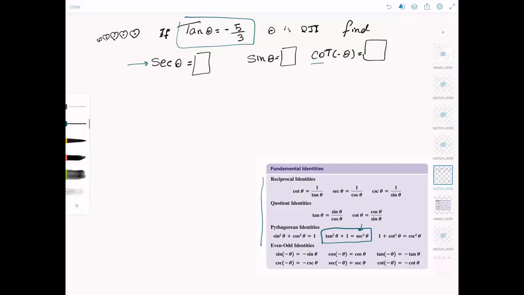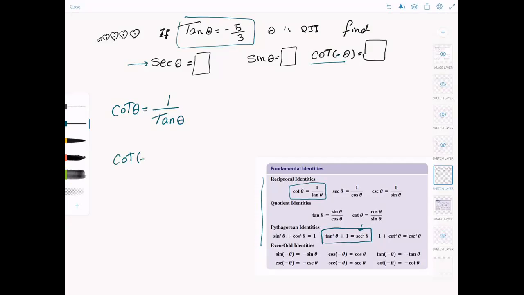For example, cotangent. Cotangent and tangent are reciprocals. Good. So we have cotangent of theta equal to 1 over tangent of theta. But they ask us the negative, so you need to take care of the negative.